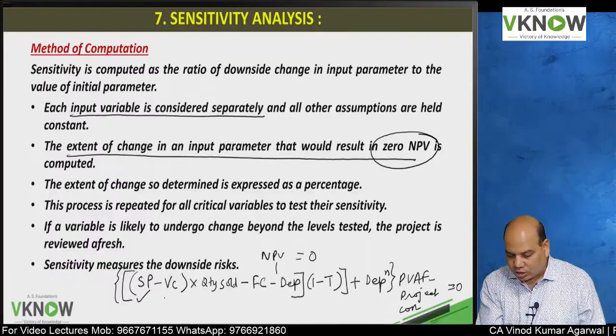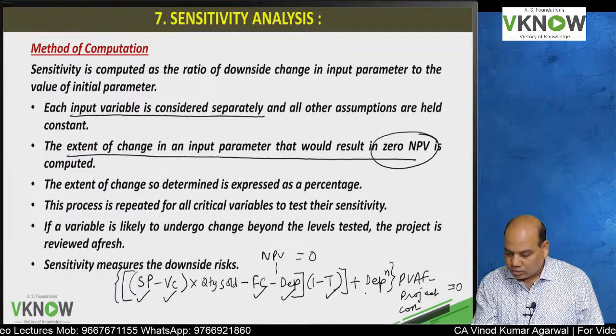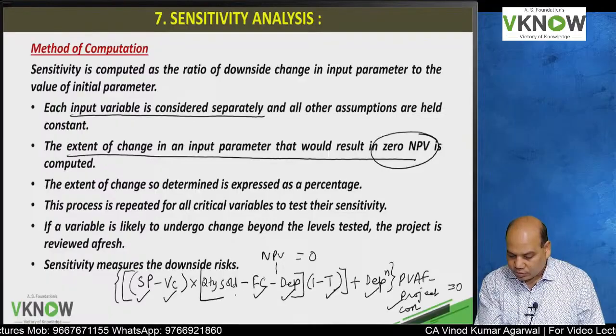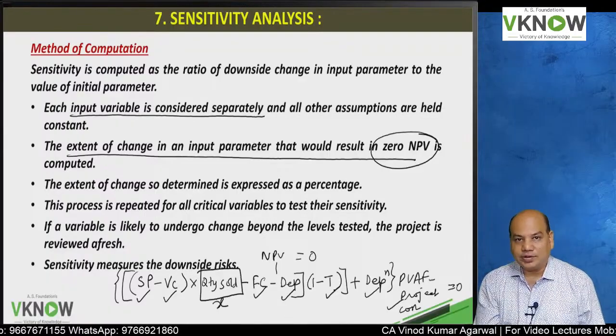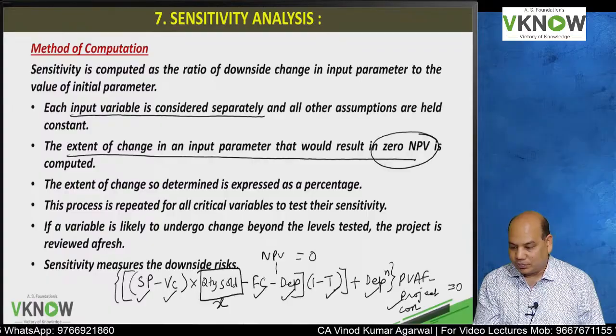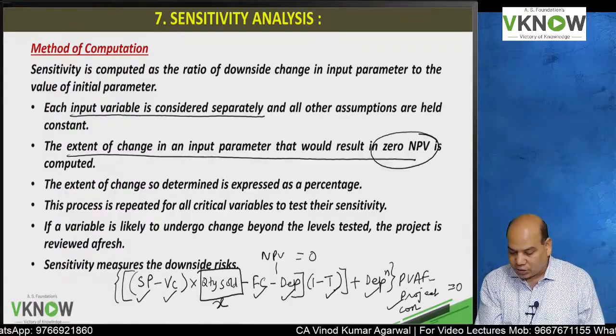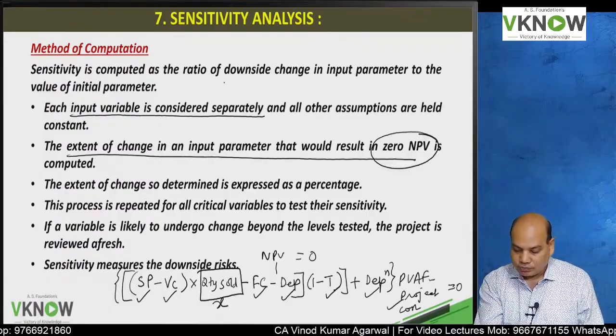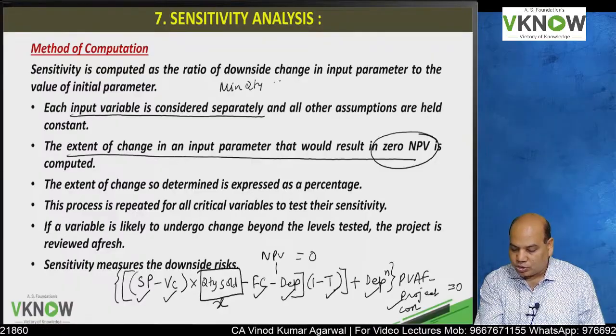I will take all other variables from the question. This I will keep as X. If I am testing quantity sold for sensitivity, and suppose after solving this equation I require a minimum quantity to be sold of 800.